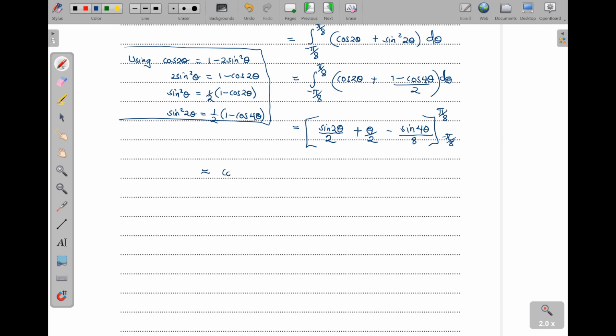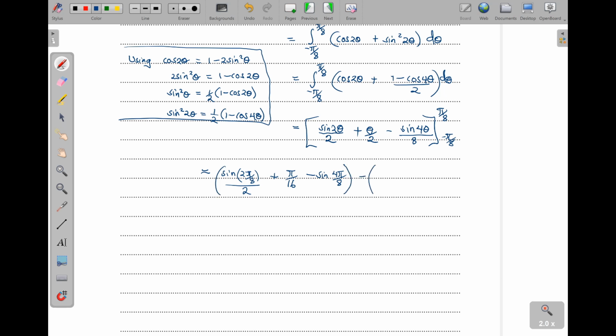So here we shall have, it's not actually cos, it's a sine, sine of 2 times pi over 8, over 2, then plus pi over 16, because the 8 will multiply with that 2, then minus sine of 4 pi over 8, over 8.